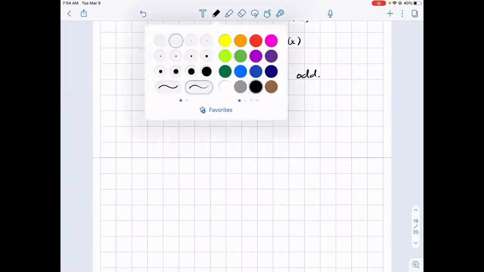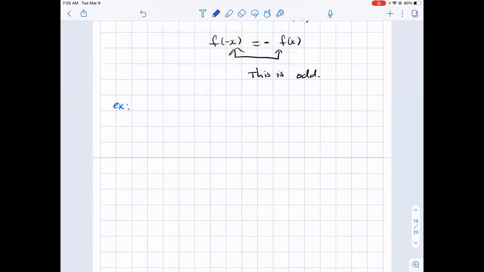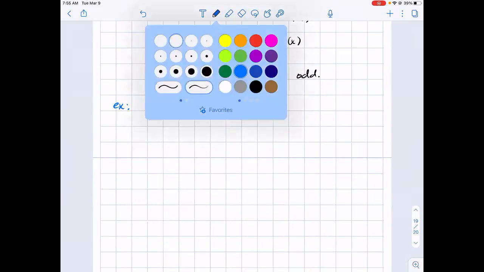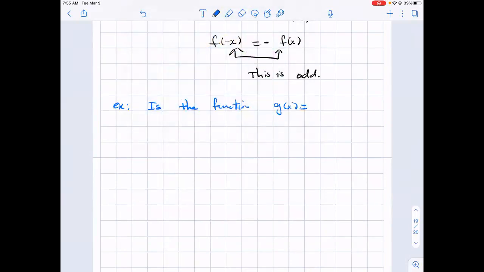Let's look at one more example. Is the function g of x equals the square root of 2x plus 11 odd?